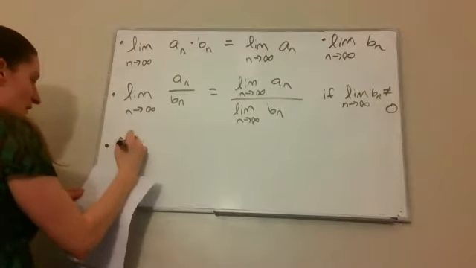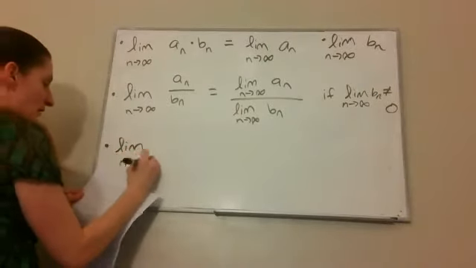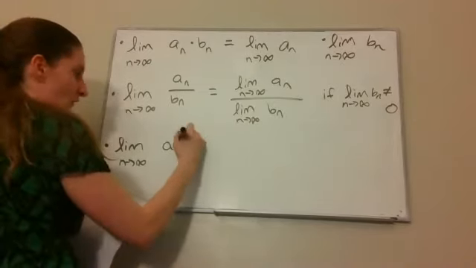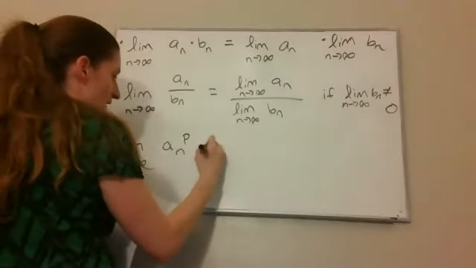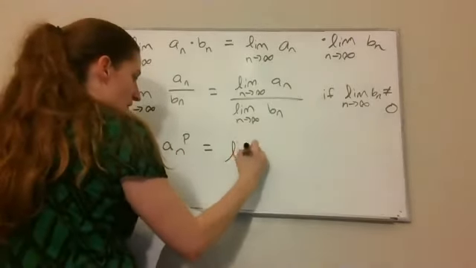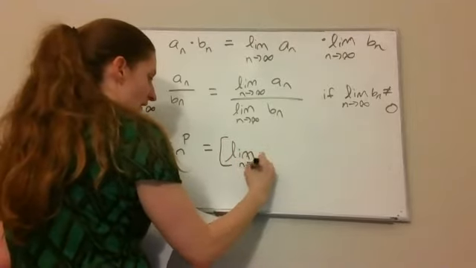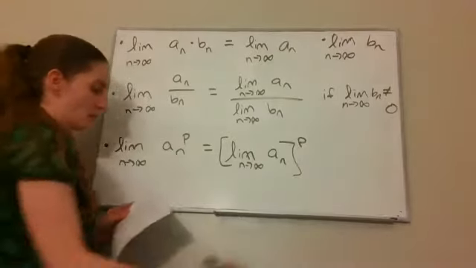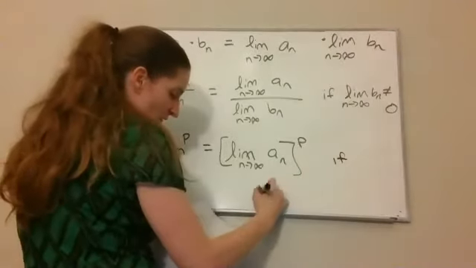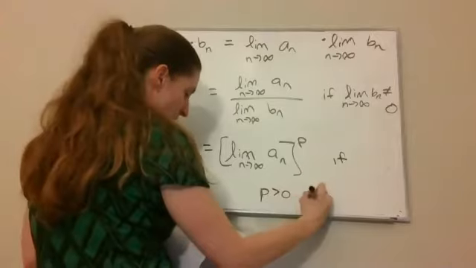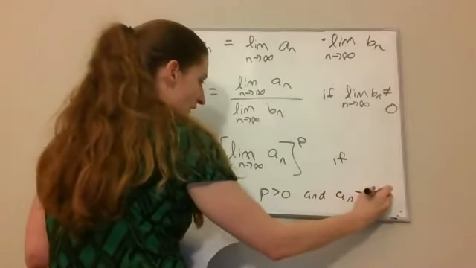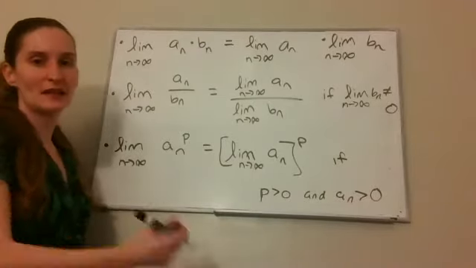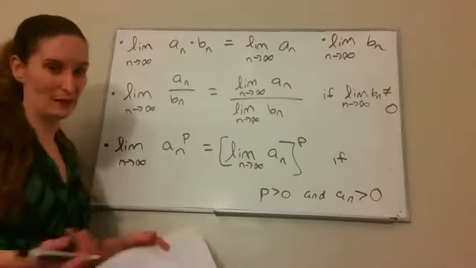And one more limit law is that the limit as n goes to infinity of the terms of your sequence to a power is equal to the limit as n goes to infinity of your sequence to a power, if the power is bigger than 0 and your a_n's are also bigger than 0. So that says you can take the limit of the sequence first and then raise it to a power.